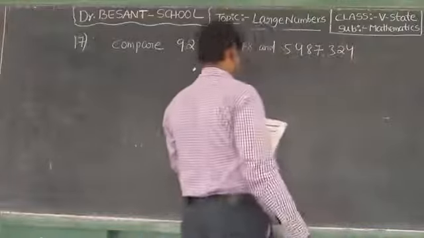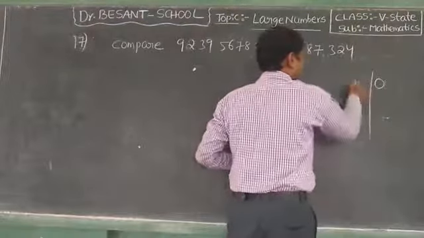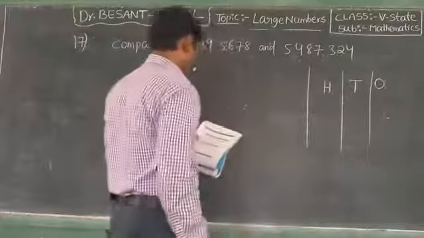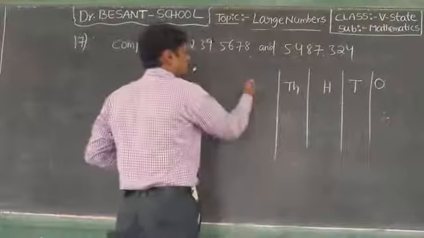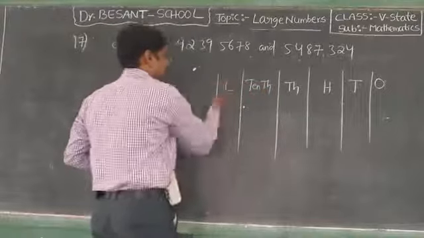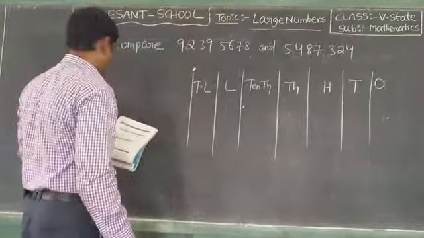So ones, tens, hundred, thousand, 10,000, lakh, 10 lakh, crore.